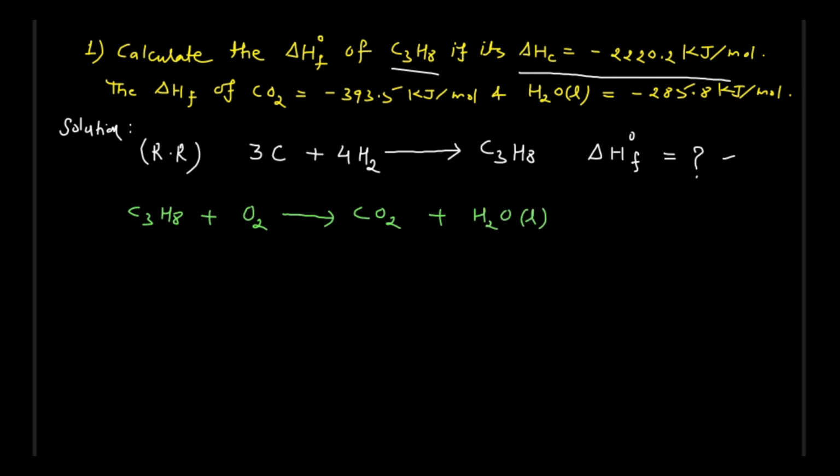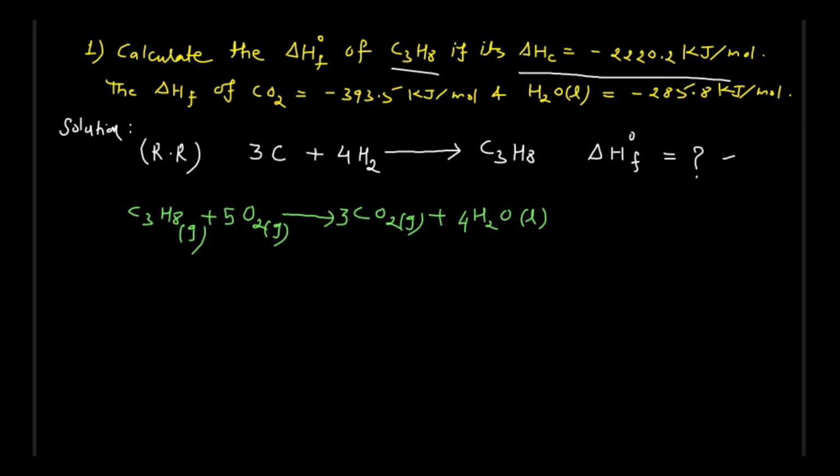L is for liquid water, G is for gas. If you balance this reaction, you will need 3 CO2 and 4 H2O, and then 5 O2. 3 times 2 is 6, and 4 times 1 is 4, 6 plus 4 is 10. So the right hand side and the left hand side both have 10 oxygen atoms. That's why I have written 5 here.